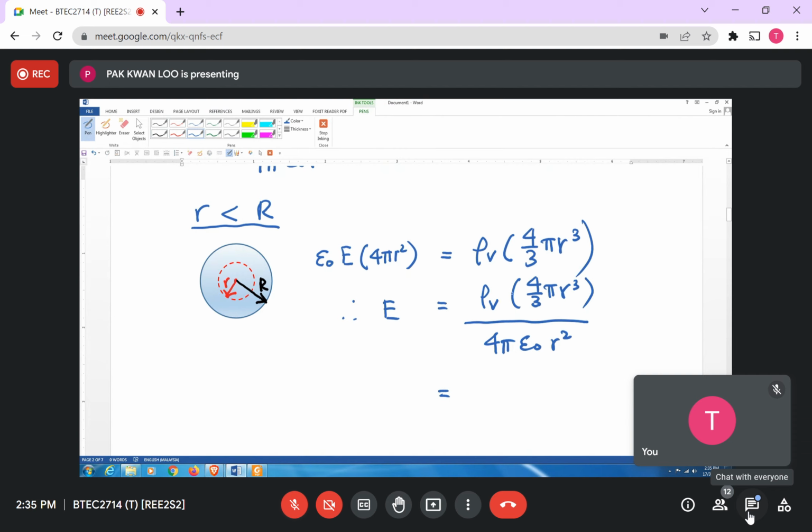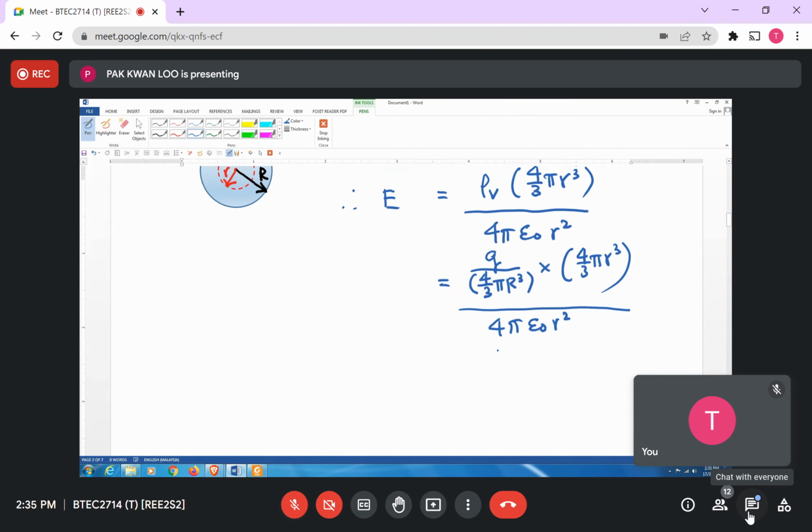Okay. So bear in mind, rho V is Q over 4 over 3 pi capital R cubed, multiplied by 4 over 3 pi r cubed. So simplifying this, you get Q times r over 4 pi epsilon naught R cubed.